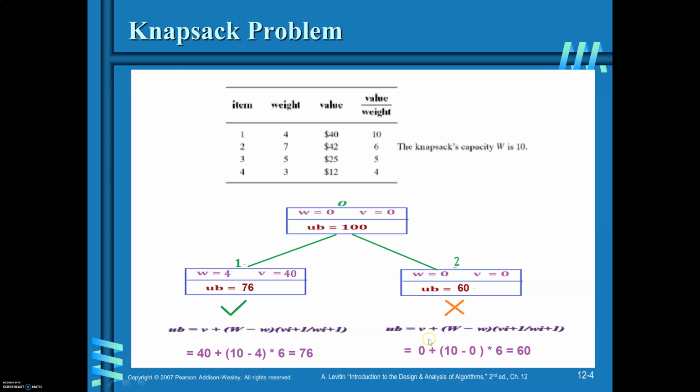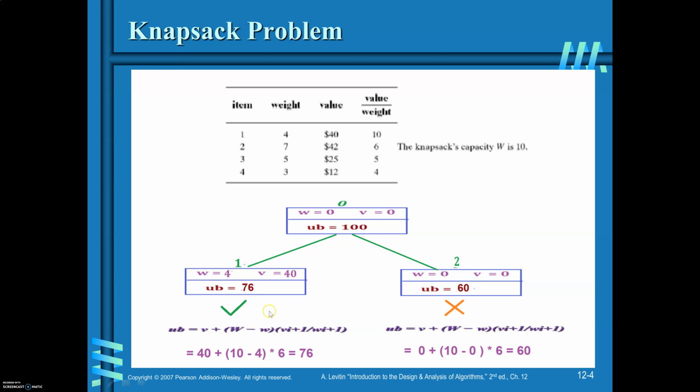And here, when you don't consider the item, V is 0 and W is also 0 and the capacity of the sack is 10. So 0 plus 10 minus 0 into the value to weight ratio, which is 6. So the total upper bound here is 60.